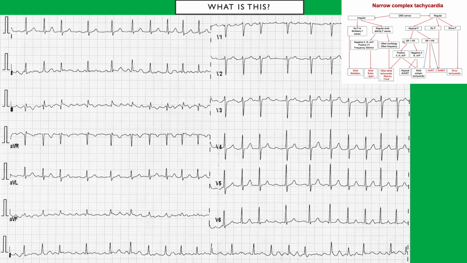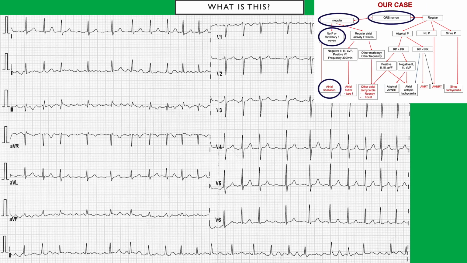So what do you think this one is? I would say no P present. So what is your diagnosis? Atrial fibrillation. Yeah, that's atrial fibrillation, because we go here: irregular, F waves, these are the F waves, and then atrial fibrillation, okay?